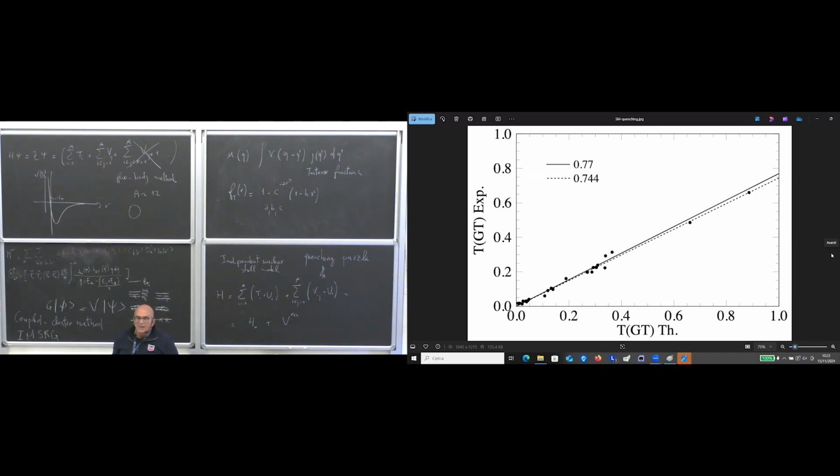If you are dealing with the two-neutrino double beta decay, gA plays a role as gA squared. In neutrinoless double beta decay, the role of this quenching is to the fourth. So 0.7 to the fourth is going to reduce your values quite a lot.